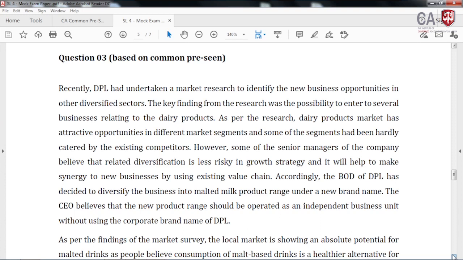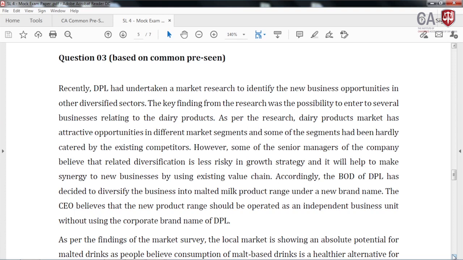Then the other one is unrelated diversification. Under unrelated diversification, we are going out of the current industry, we are moving to a new industry which does not have any relationship to the existing industry. That one is risky.